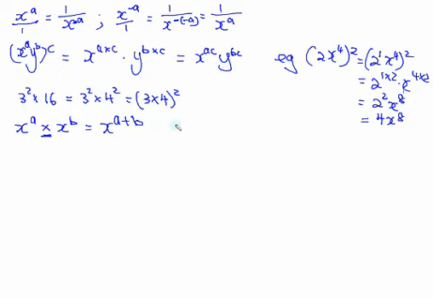Now, what about x^a times x^-b? First we write x^a. Now, multiply means you add the powers, so x^a plus the power of this, which is minus b, positive times negative becomes negative, so it's x^(a-b).